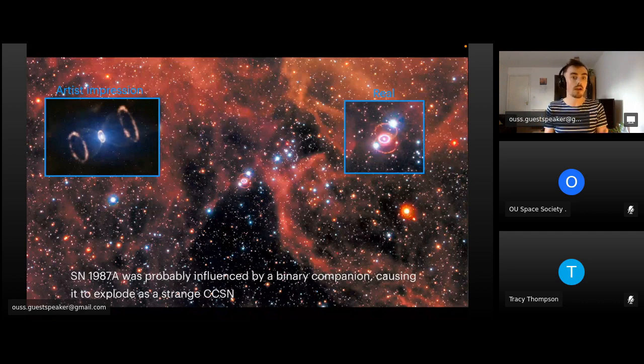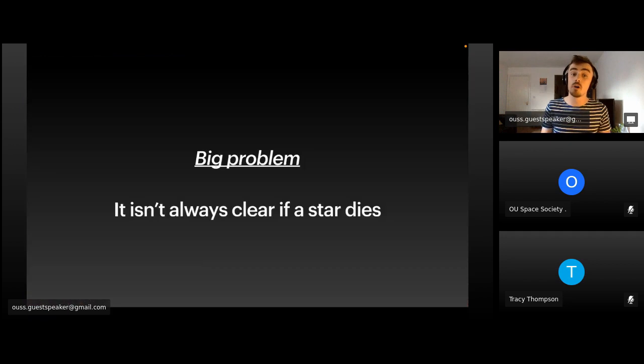But I feel that this slide and what I've just spoken about highlights an amazing problem. It's not always clear if a star dies. If 87A was observed in an extragalactic setting, we wouldn't be able to achieve these details, or the privilege of looking at it after it explodes and being able to resolve that.